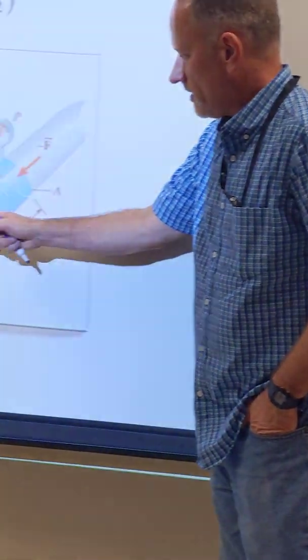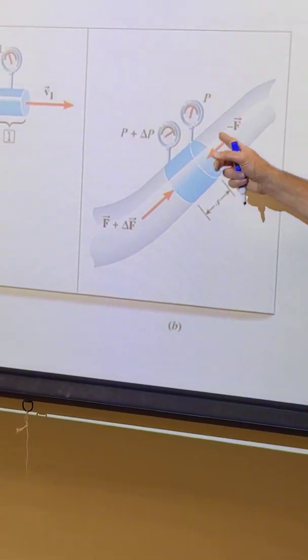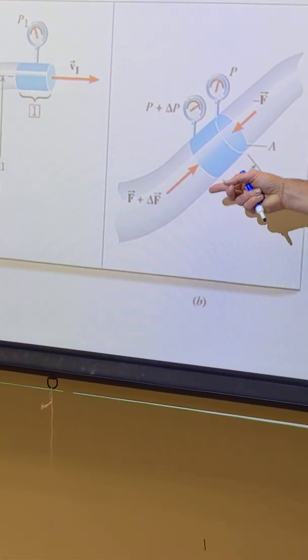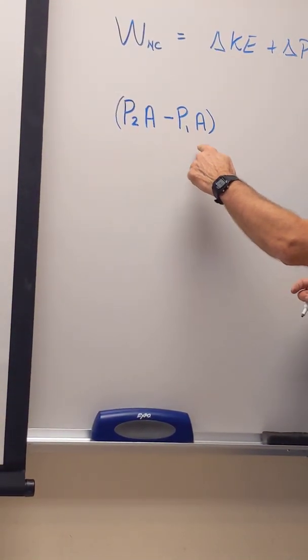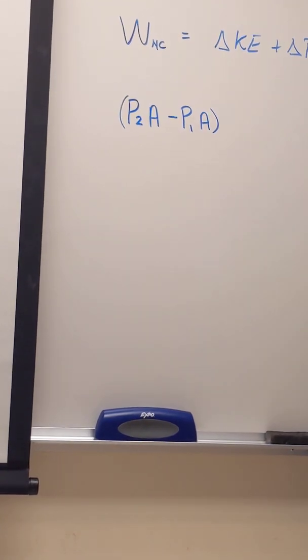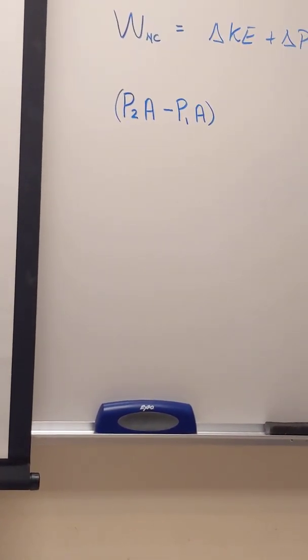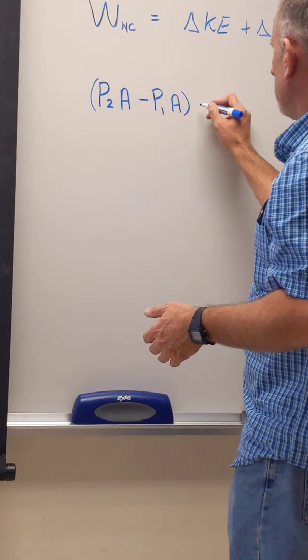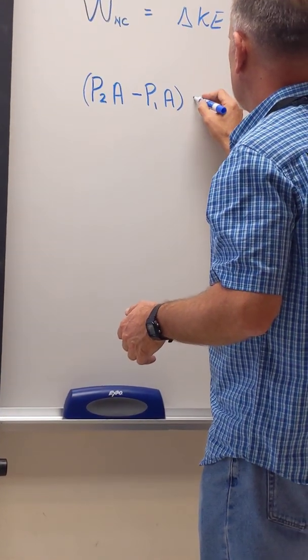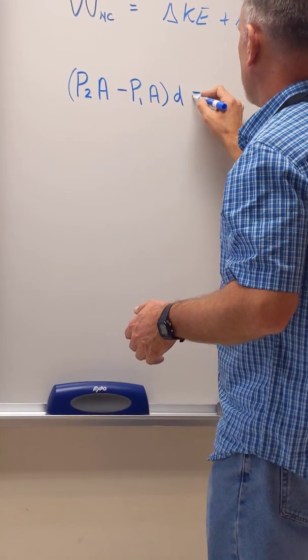Okay, so I've got this force pushing this way, this force resisting, doing negative work, and the difference between those two is the net work. But this is not work, this is force, so I need to multiply by some distance factor, correct? So I'll call it some distance d through which that work is done.